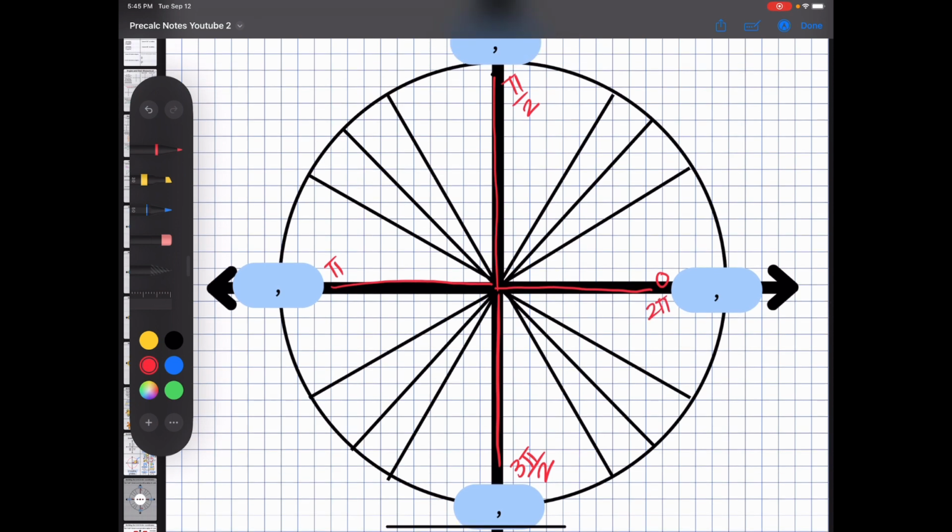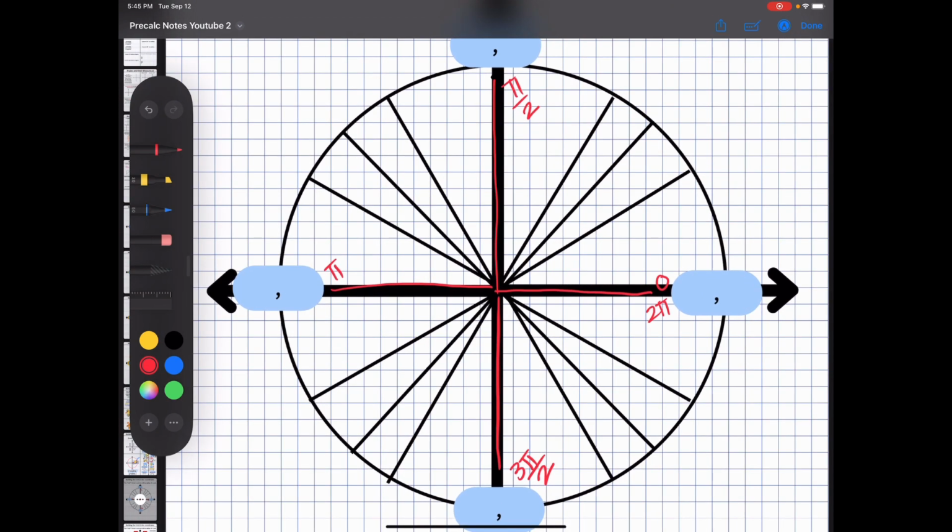So, in order to figure out the coordinates of a quadrantal angle, you need to recall that this distance is the radius, and the radius for the unit circle is equal to 1 unit, which is 1. So pretend, or not pretend, it's actually that this center is the point 0, 0.